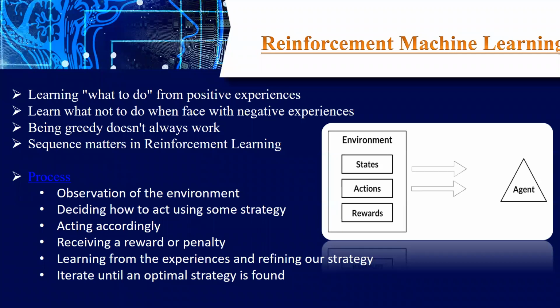But here we don't have any data, right? So what we have to do is take one agent, and directly interact with the environment. We take one action, and depending on that action we get a reward and a state, like this, state and reward. Depending on the reward value, we train this agent what to do and what not to do.